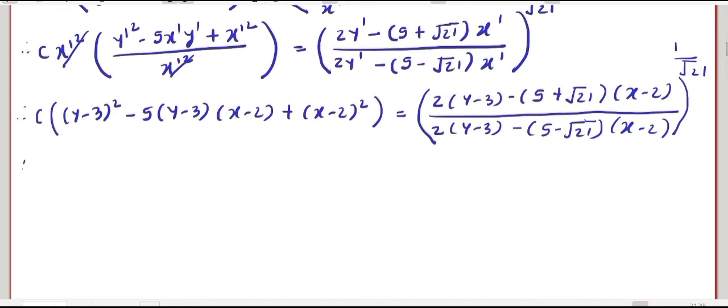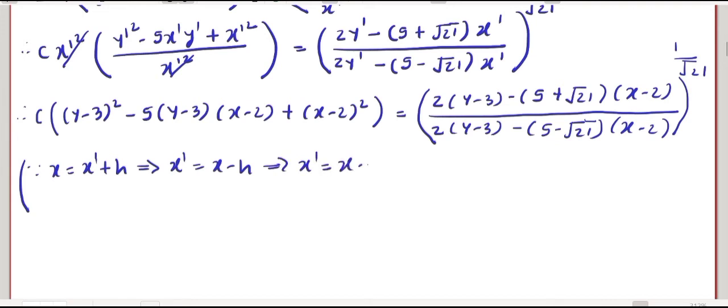So the reason is that, since we have x is equal to x dash plus h, and putting the value of h, x dash is from this equation x minus h, it implies x dash is equal to x minus 2, since h is 2, and y equal to y dash plus k.